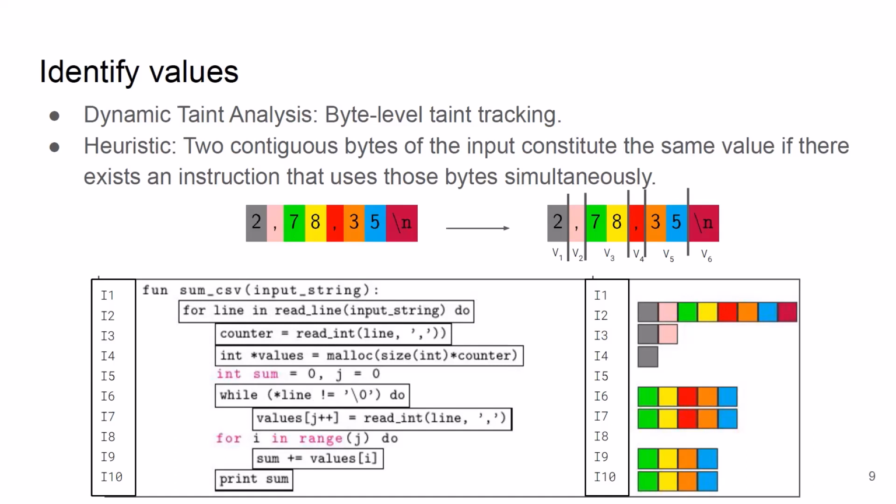And at line I7, it accesses 78, so 78 can be another potential value. And the comma that follows 2 is accessed at line I3, so that can be another potential value, and so on. So we split the input at this stage. At the end of this stage, we split the sequence of bytes into a sequence of values.